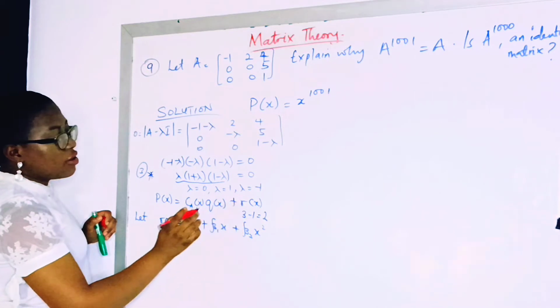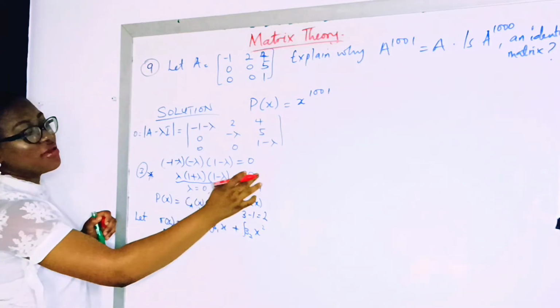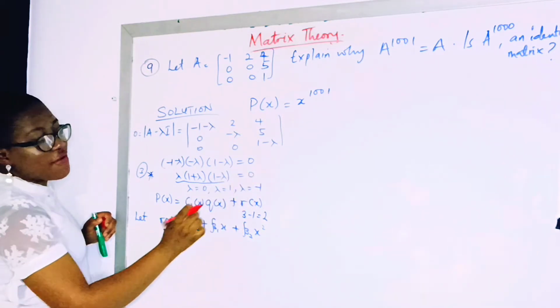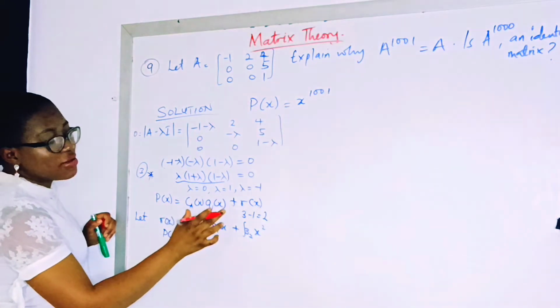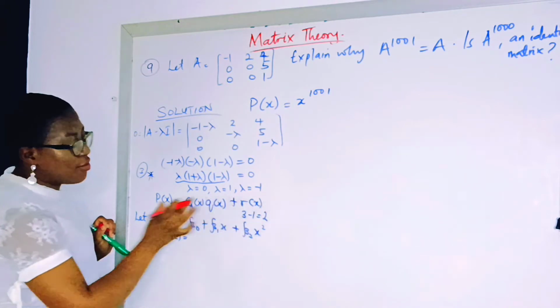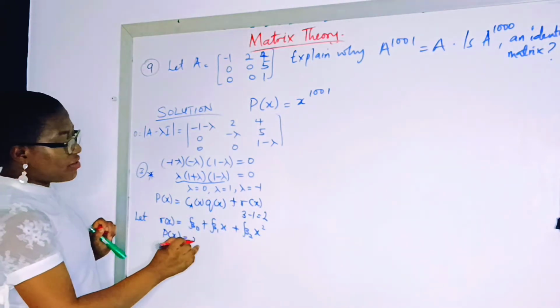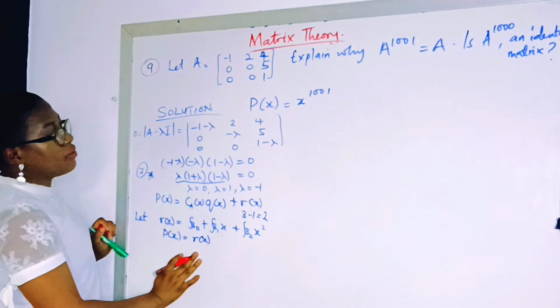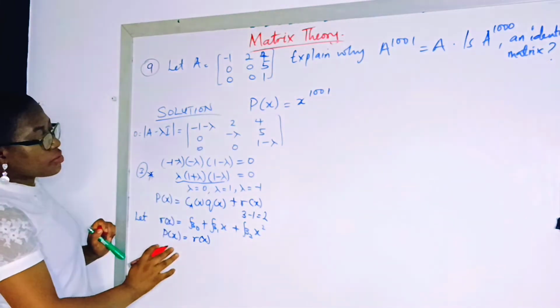If I multiply the characteristic equation with anything, it will still give me 0, so the remainder is equal to p of x.